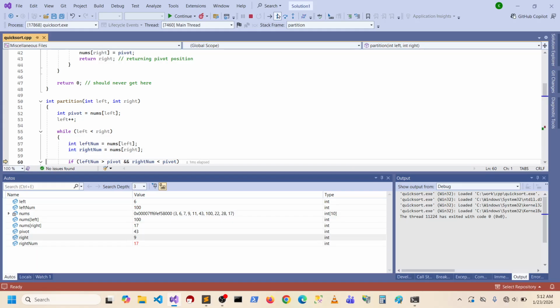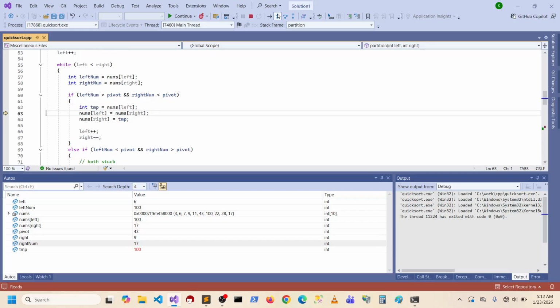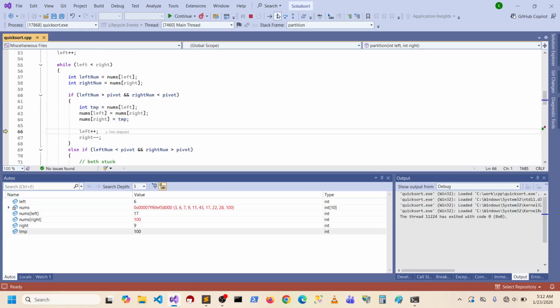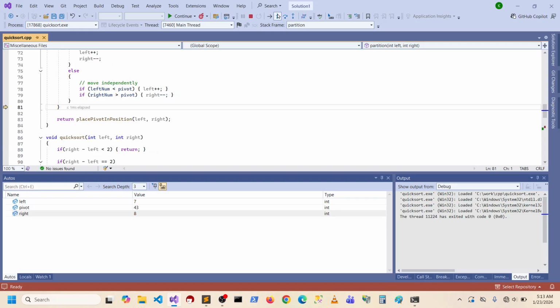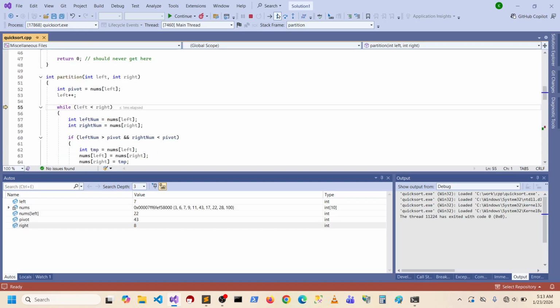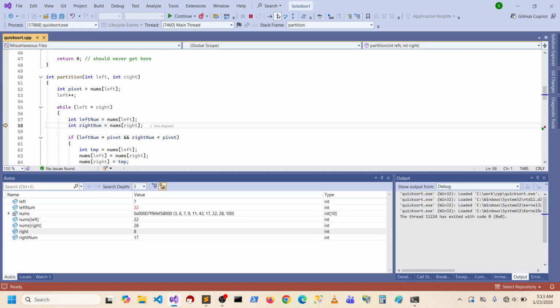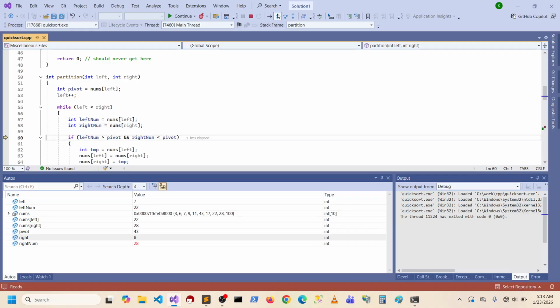Right, it was 17. So those do need to be swapped. So that swaps. Twenty-two and 28. So the right needs to be swapped, but not the left.